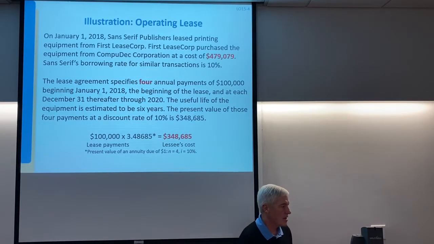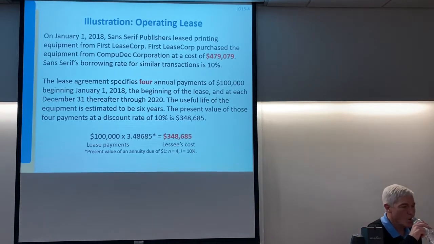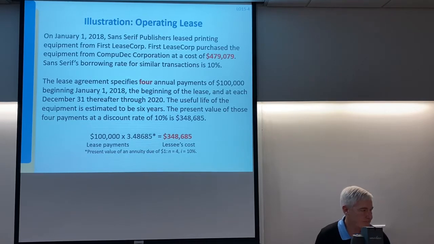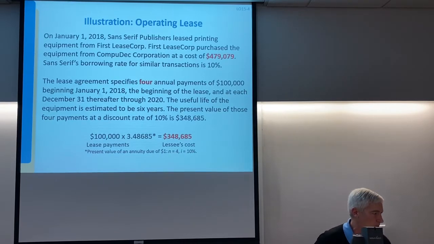What changes is going to be on the income statement side. So let's read this example here. In this case, Sans Serif Publishers are leasing this printing company from First Lease Corp.